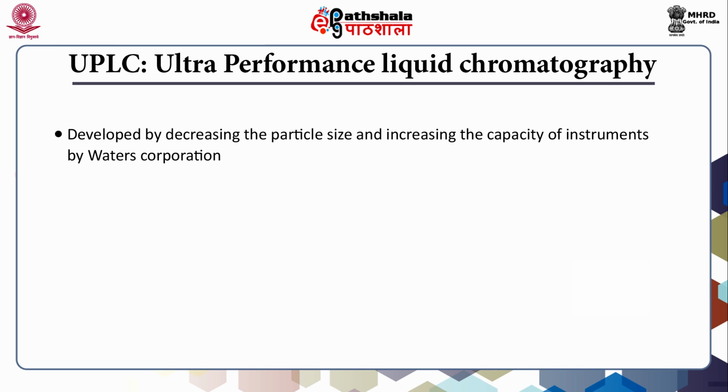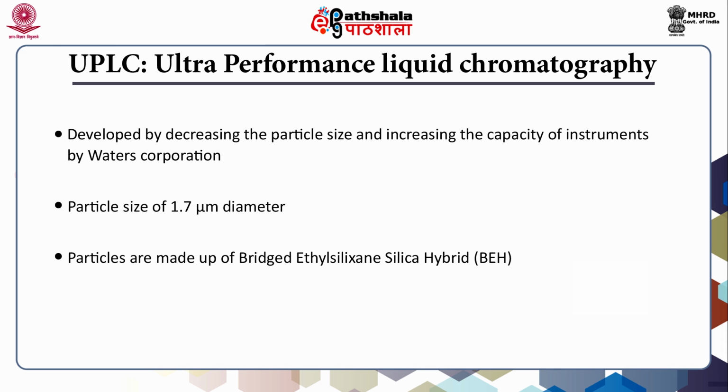What happened was the commercial company Waters Corporation developed another kind of chromatography, the UPLC, in which the particle size is decreased and the capacity of the instruments is increased. Because of that, the particle size is decreased to 1.7 micrometer diameter. That means the stationary phase particle size is 1.7 micrometer diameter.